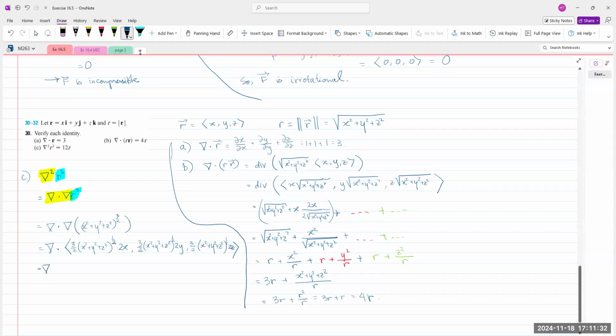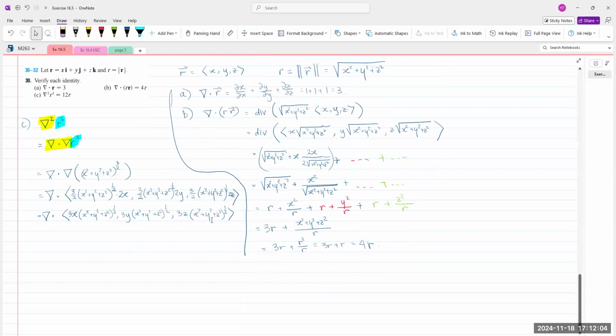Then the divergence of 3x times x squared plus y squared plus z squared to the power of 1/2, 3y times the same, and 3z times the same. Actually, you notice that we can factor the 3 out also, right?